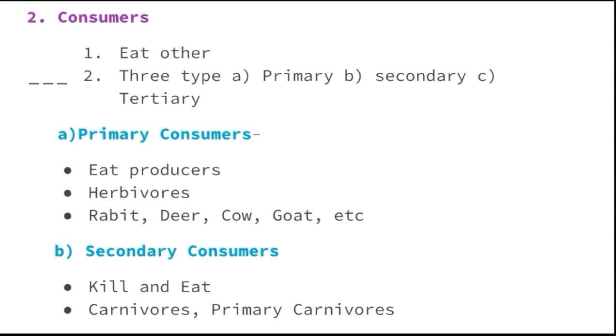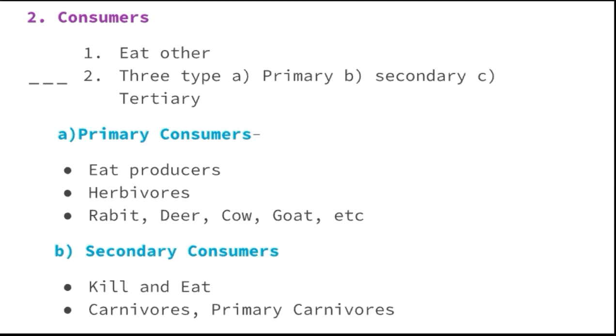These consumers are also called primary carnivores, because they totally depend on herbivores. Collectively they are called secondary consumers in a terrestrial ecosystem.